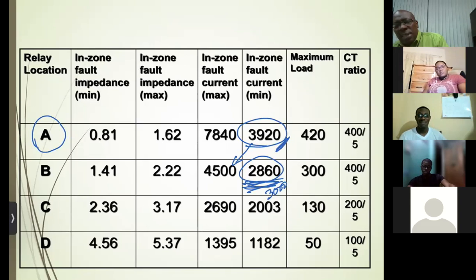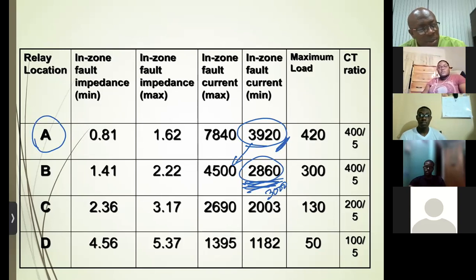So A must be set in such a way that it will respond, albeit slower. It must respond. Remember, I gave you that example with the fire trucks or the fire stations. All of them see the fault, but only the one closest to the fault should extinguish the fire.